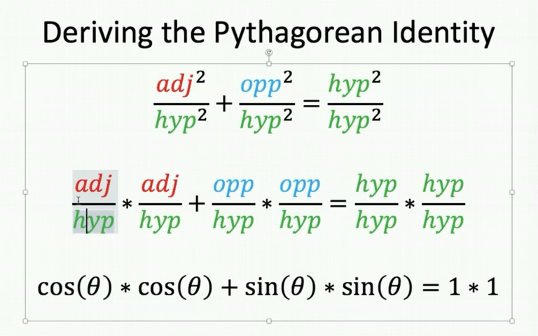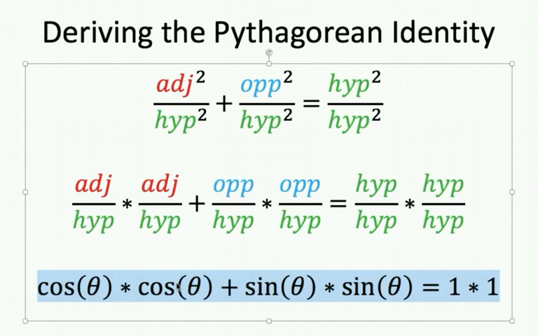So we have cosine times cosine. And opposite divided by hypotenuse is equal to sine. So then we have cosine times cosine plus sine times sine is equal to hypotenuse divided by hypotenuse, that's just 1, is equal to 1 times 1. Here we go.